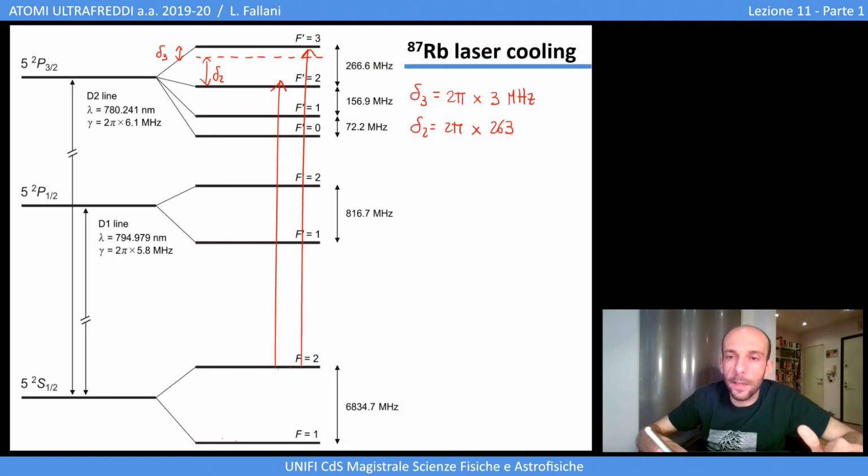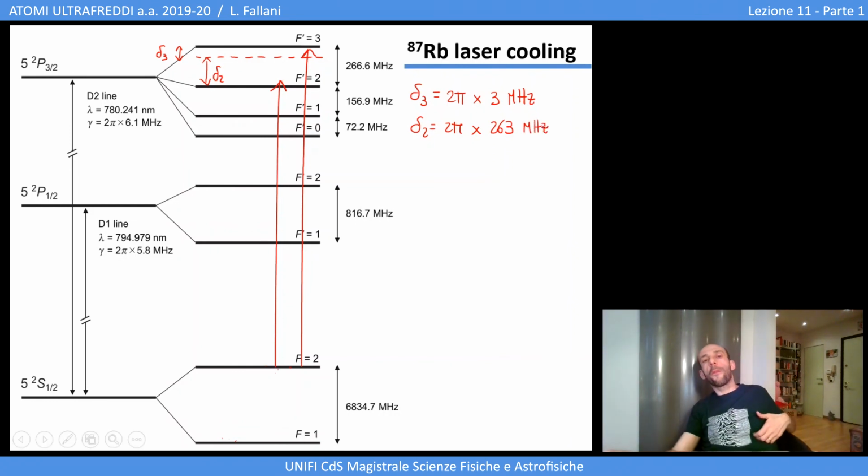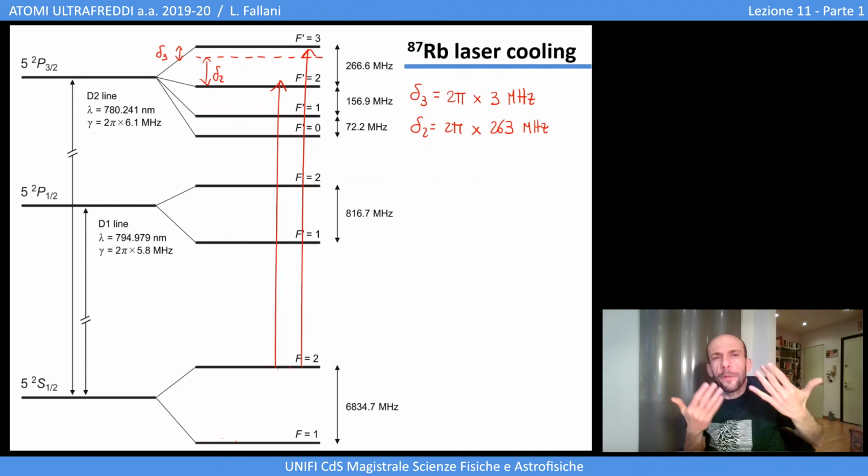Okay, you would say, yes, it is, of course, 2 orders of magnitude less than the transition we are interested in. So you might think that this would affect your atom just in a minor way. So the probability will be very small.